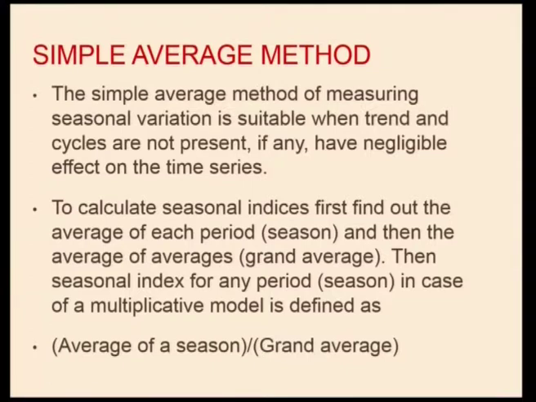To calculate seasonal indices, first find out the average of each period, which can also be a season, and then the average of averages, that is the grand average. Then the seasonal index for any period, in the case of a multiplicative model, is the average of a season divided by the grand average.